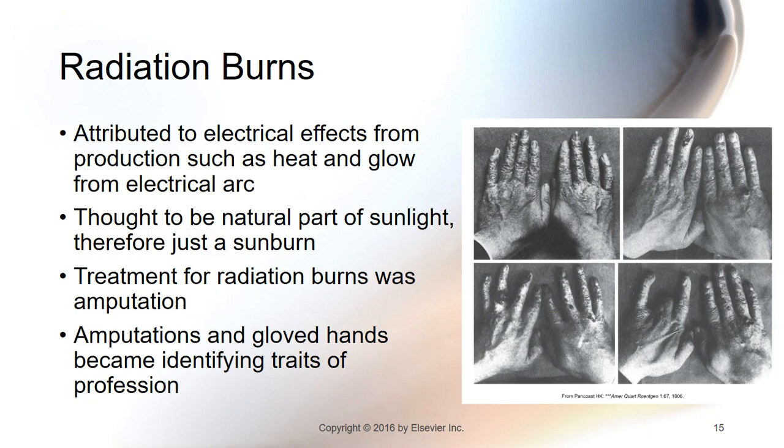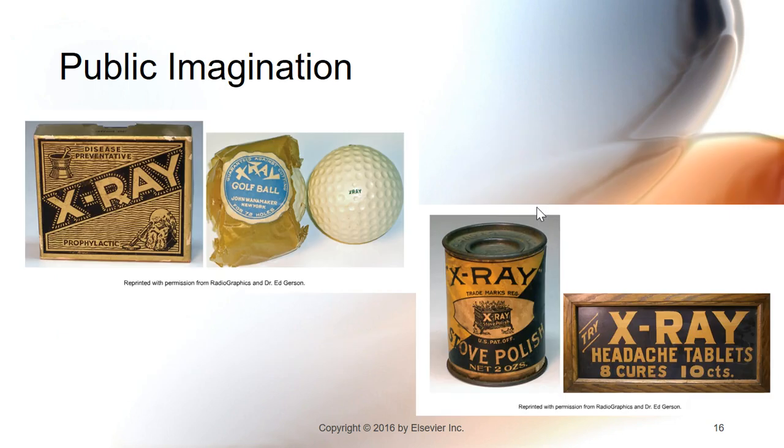So amputation and then gloved hands became identifying traits of the profession, meaning if somebody already had a hand that looked like this, they may put on gloves just so that they didn't scare their patients or their customers while they were doing it.